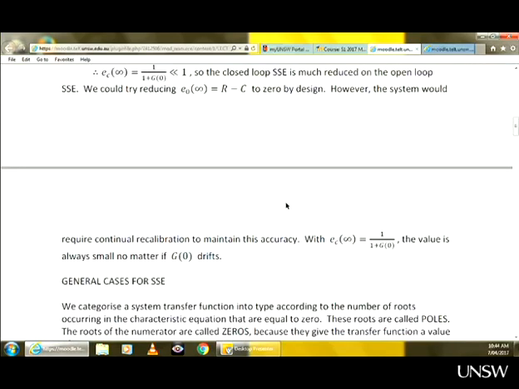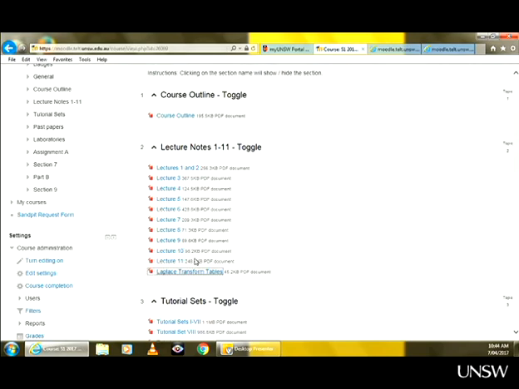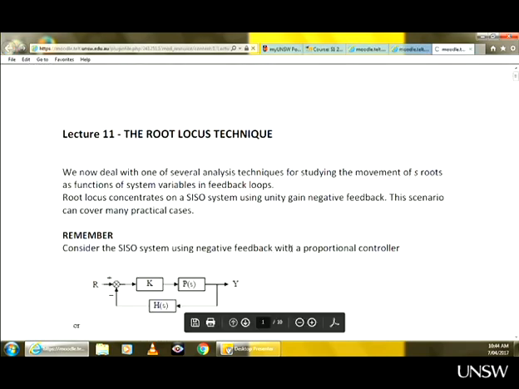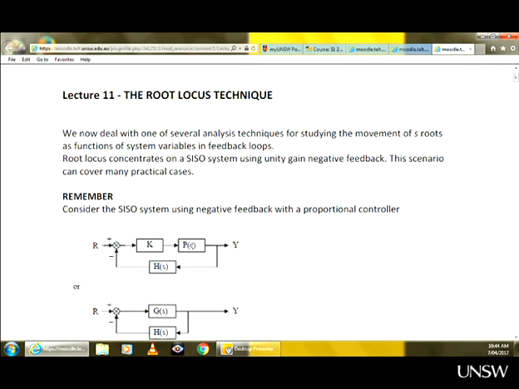Okay, I'm not really planning to do much on lecture 11, but just a very quick introduction. Actually, the last sentence I said was a very good introduction to lecture 11, though I didn't think about it. When you apply a negative feedback loop, you're hoping to improve the stability of the system. That means that your original transfer function, in this case P of s, may contain some poles that are not negative.